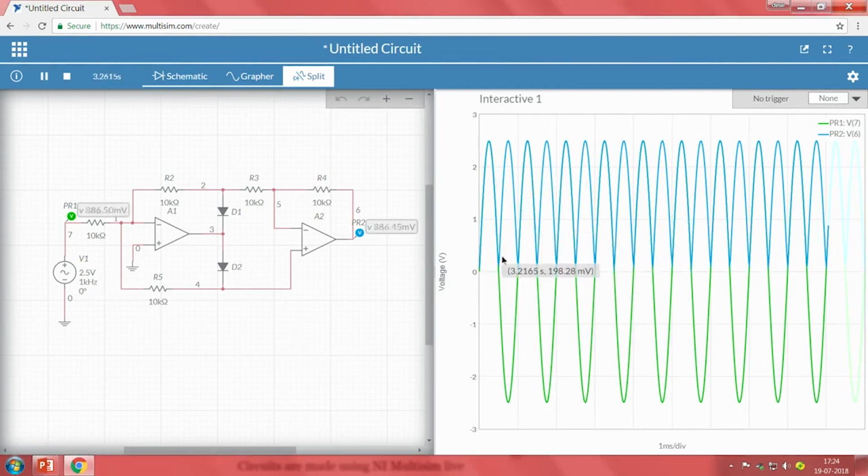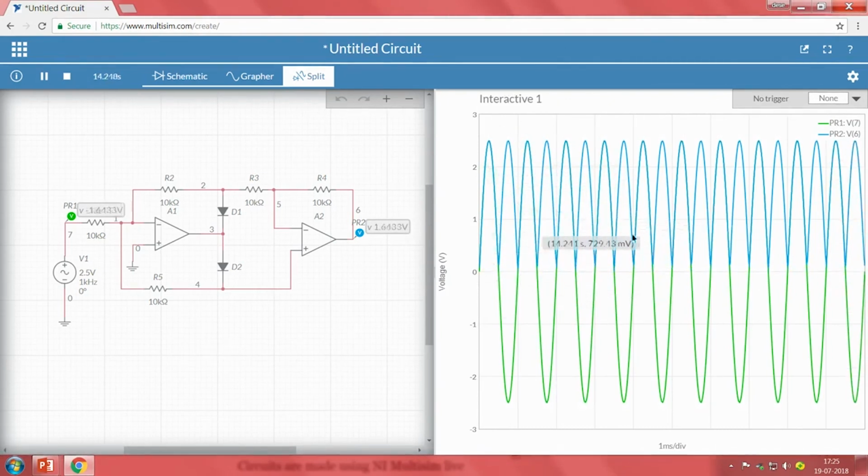When you compare the half wave rectifier with the full wave rectifier, in the half wave rectifier we see pulses only whenever there is a positive peak. Whereas in the full wave rectifier, even during the negative cycle the output is converted into the positive cycle. That is the speciality of this circuit. As a result, we will get a pulsating output.